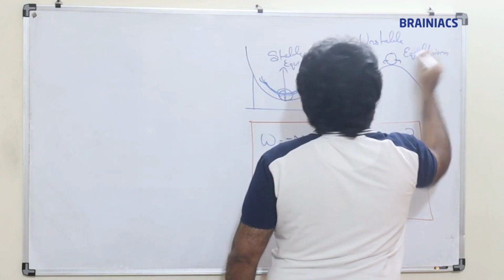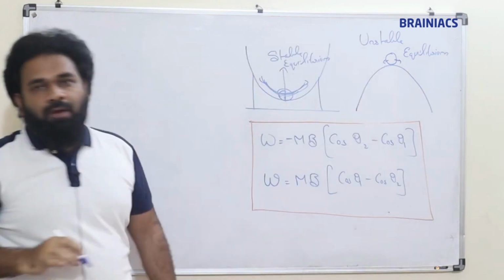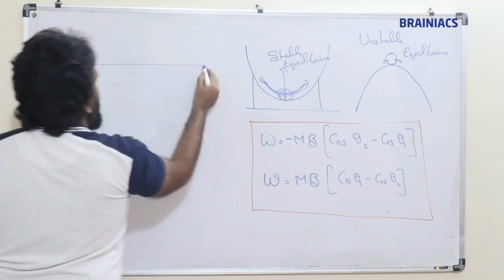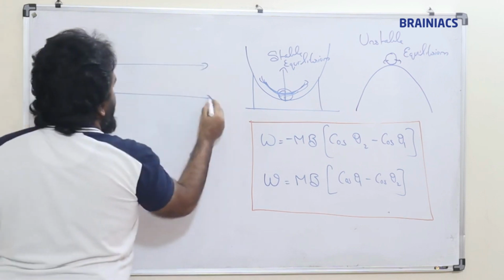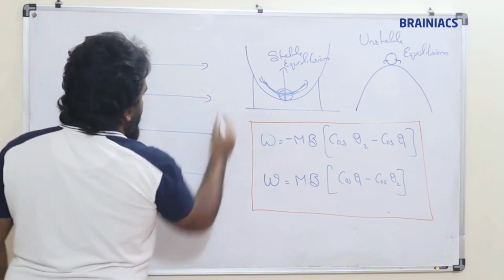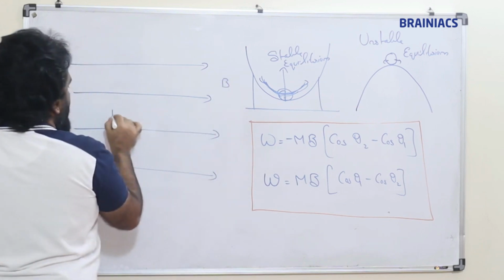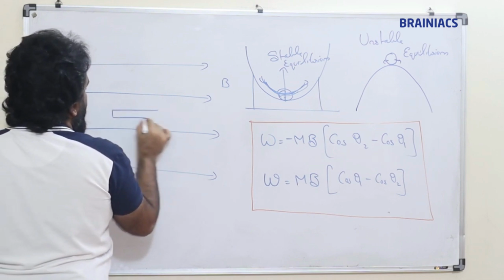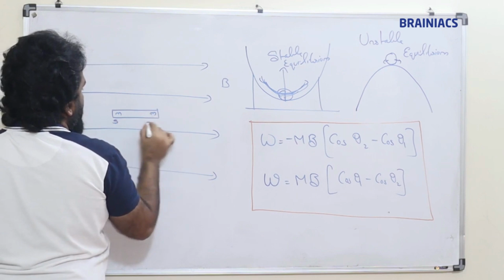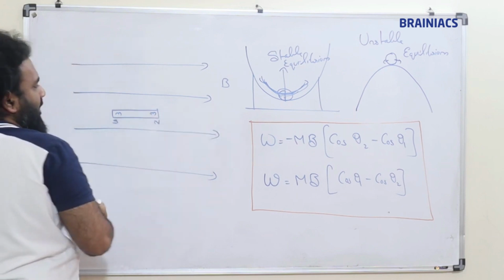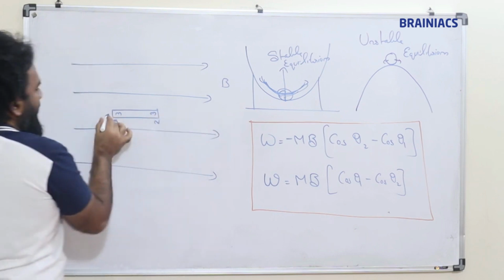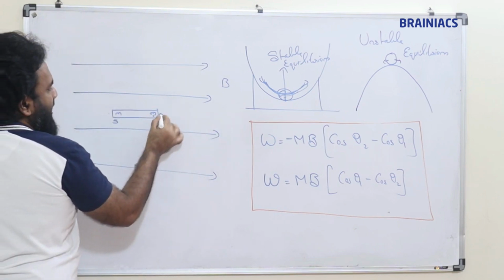We discussed this exact same example in work, power, energy also. Now here also, suppose this is the magnetic field, and we keep a magnetic dipole, south to north, in this direction.